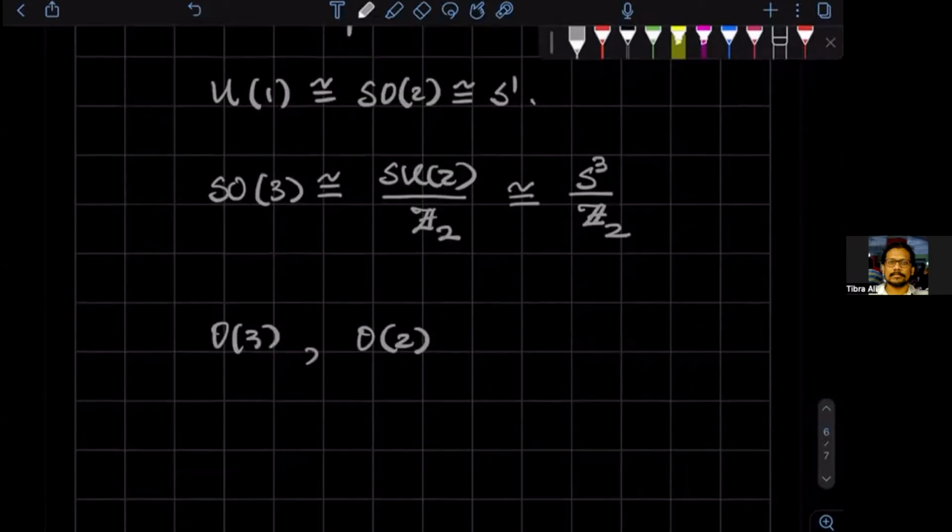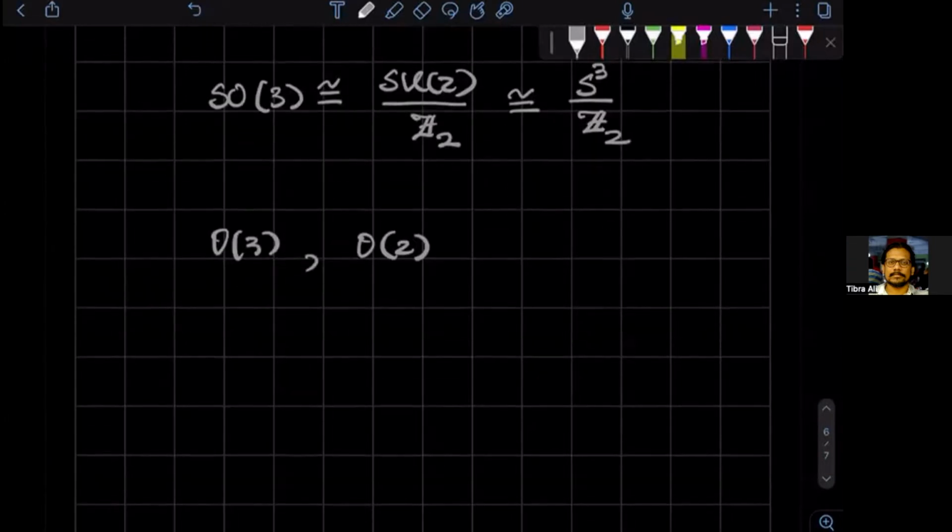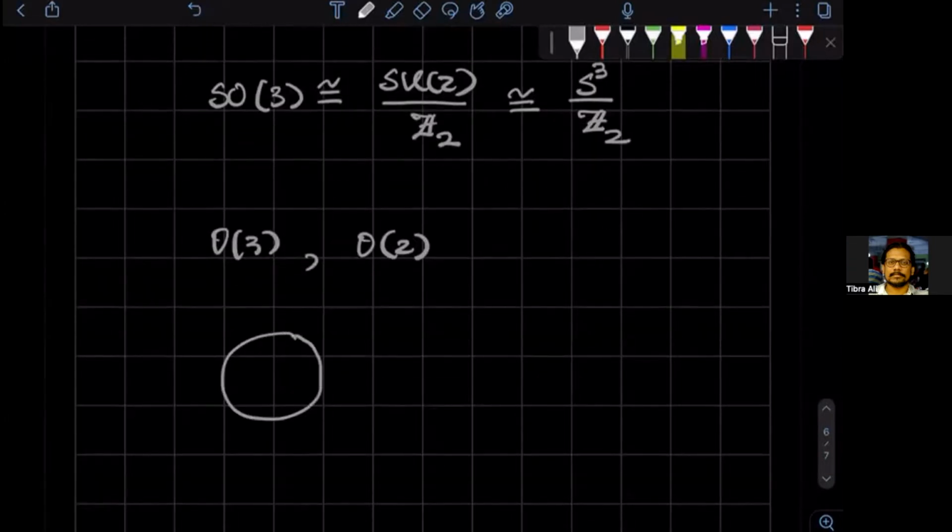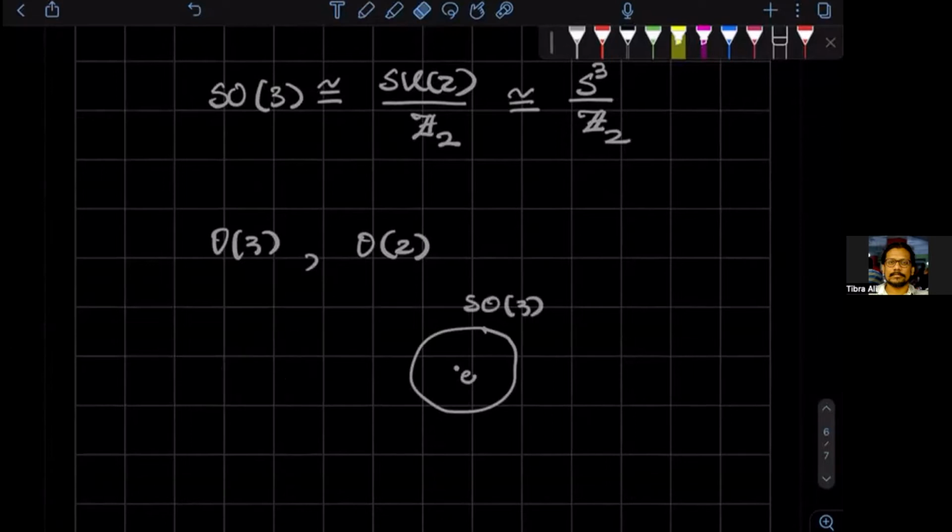Now O(3) and O(2) can be thought of as having an island which is connected to the identity, which is SO(3), and another island, a disconnected component, which you can reach from SO(3) by applying, say, the parity operator. Okay, so those are disconnected manifolds.